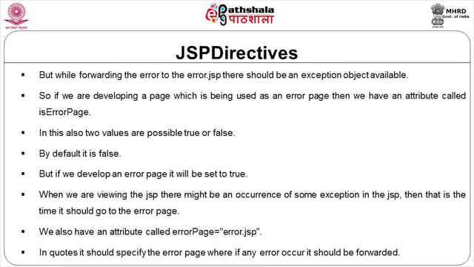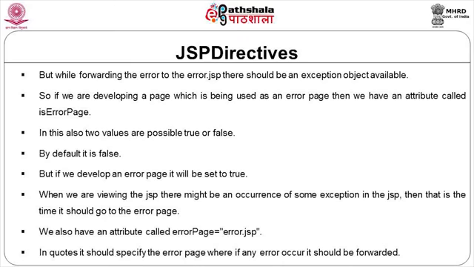So, if this is the JSP page, and an error occurs in this JSP page, where should it be directed? We have an attribute called errorPage equal to, and in quotes you can specify the JSP, which is nothing but the error page where it should get forwarded to. So, we have this attribute called errorPage also, fine. This can be used for going to a specific page.